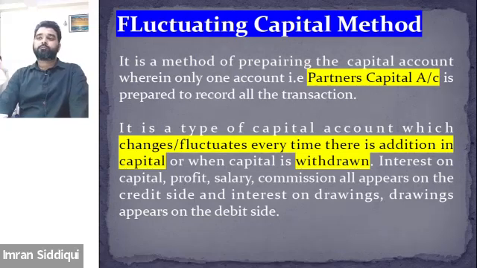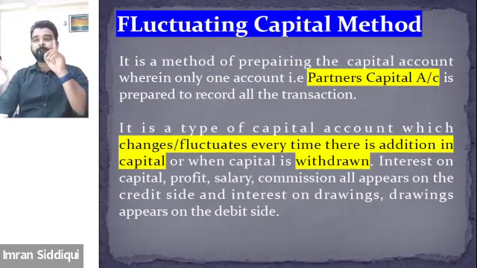And by preparing partners capital account, we record all kind of transaction relating to partner in one particular account only. When we apply fluctuating capital method, we need to prepare only one account, which is called partner's capital account.